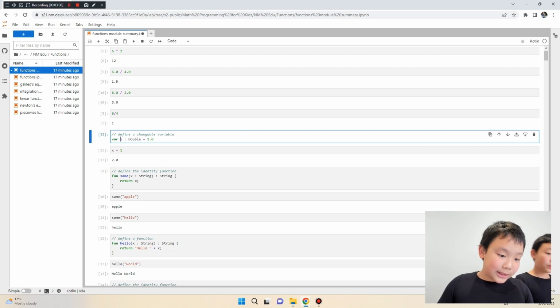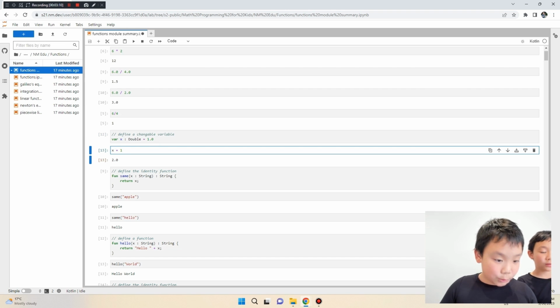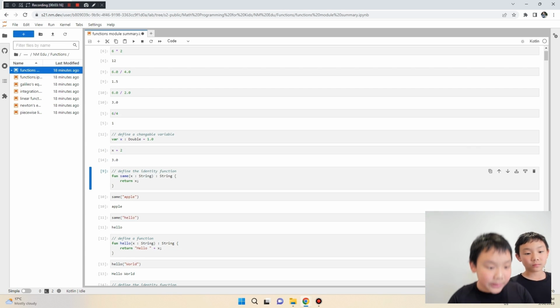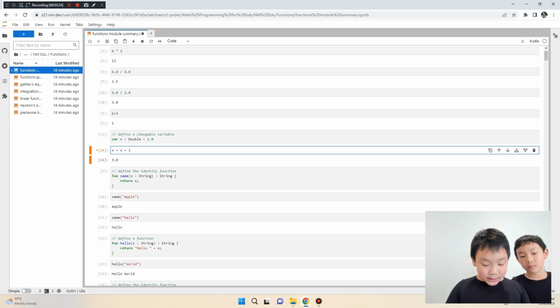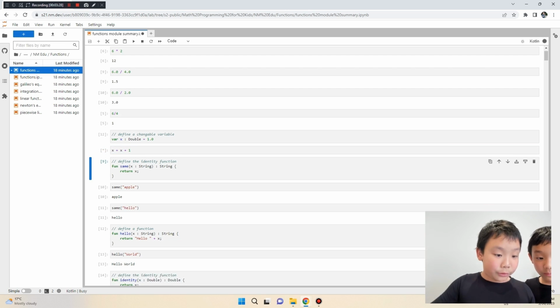This name can be any letter, but we'll use x because it's easy. x plus 1 equals 2 because x is equal to 1. We can change this number to 2 or something, so it will equal 3. And we can also do x plus 1 and call this function twice, so it will be 1 plus 1 plus 1, equal to 3.